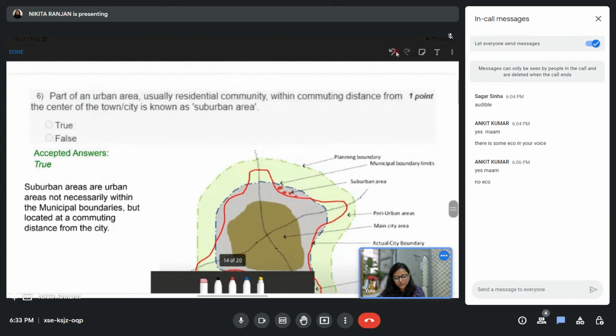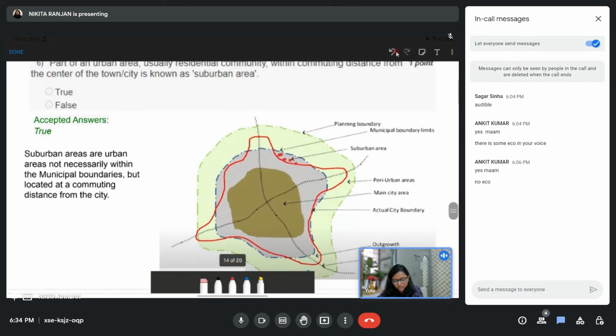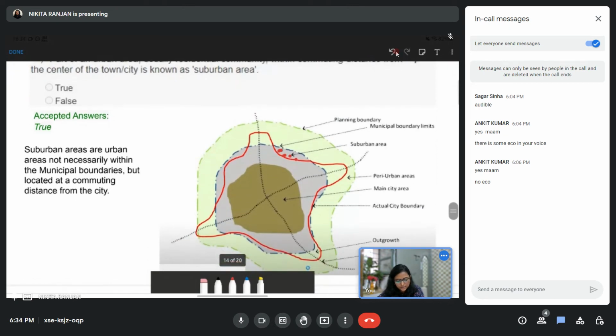However, the statement says part of an urban area, usually residential community, within commuting distance from the center of town and city is known as suburban area. So another thing you need to keep in mind is that this doesn't have to be within the municipal boundary limits of the city where the people are commuting to.